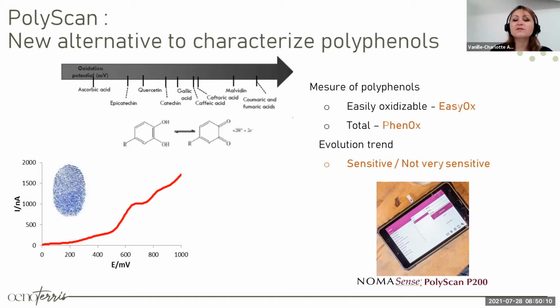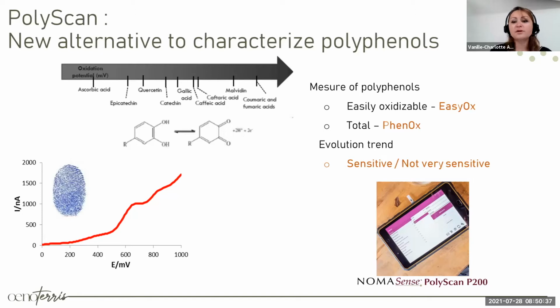The EasyOx gives you information on the most easily oxidizable compounds, while Phenox is about the total of polyphenolic compounds of the must or wine. Also, there's another index that you can have on wines that is called evolution trend, that will give you information on whether the wine is more or less sensitive to oxidation.